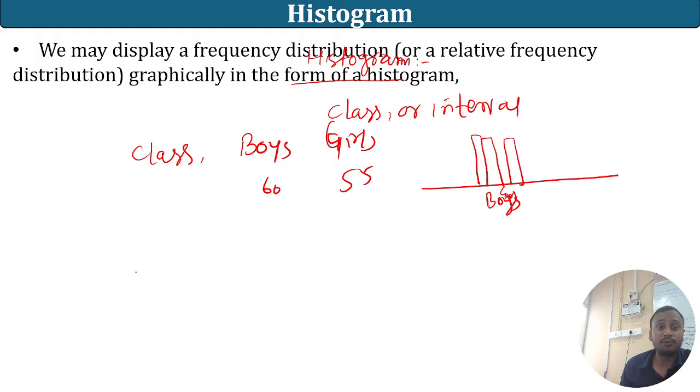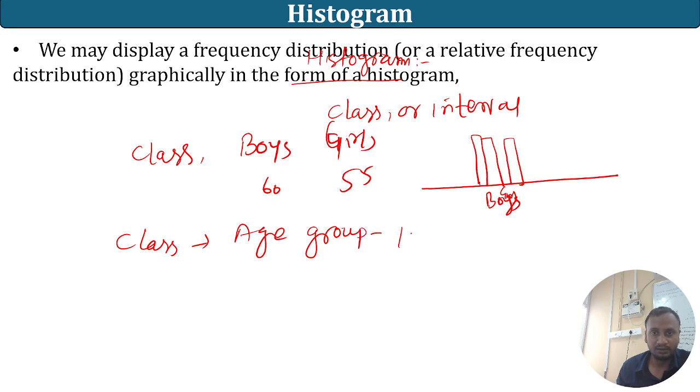So it's something like that we have to show. Or either, let's say in a class we have age groups 10 to 15, 15 to 20, 20 to 25. For this group, how many numbers do we have?